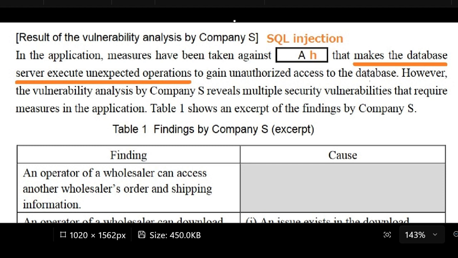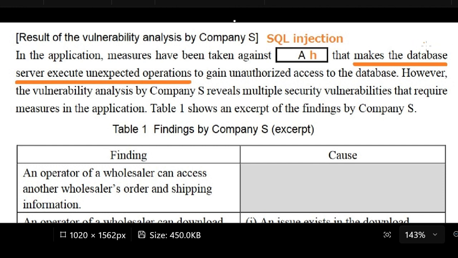We have a box here, and if we read the text after the box, we'll find out that this is sort of like the definition of what we need to look for as the answer, okay? It's saying makes the database server execute unexpected operations. And just like what we explained a while ago, SQL injection seems to be that answer already, right?